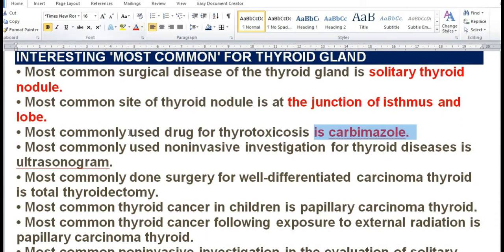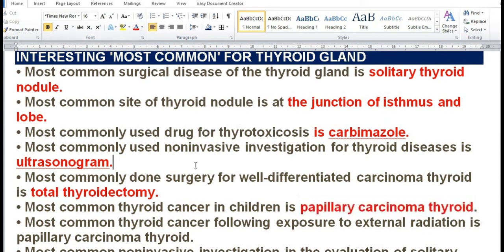Most common drug used for thyrotoxicosis is carbimazole. Most common used non-invasive investigation for thyroid disease is ultrasonogram. Most common done surgery for well-differentiated carcinoma thyroid is total thyroidectomy.